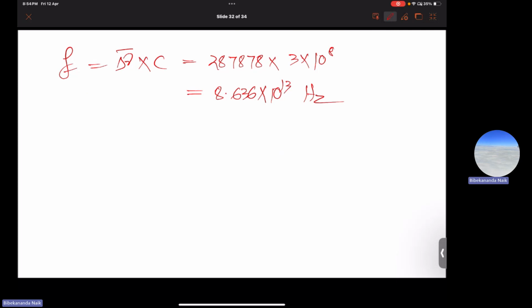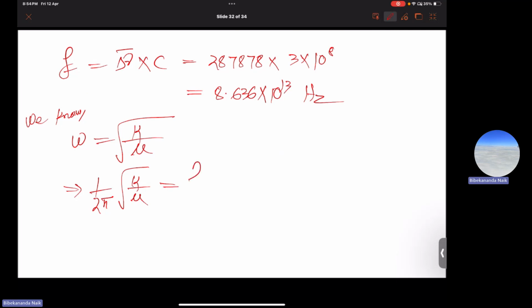Now we know omega is equal to root of k by mu, then 1 by 2 pi root of k by mu equals f. So k will be 4 pi square f square mu. So the value of k will be 4 into pi, which is 3.142, square, into f square.